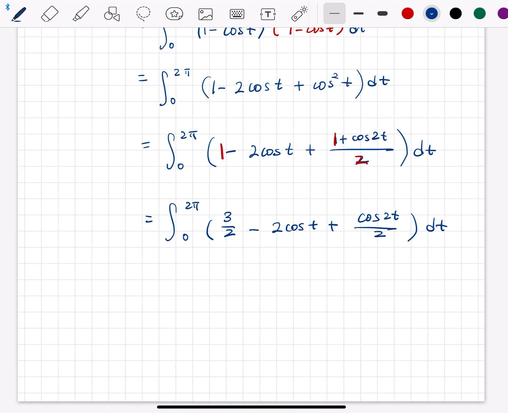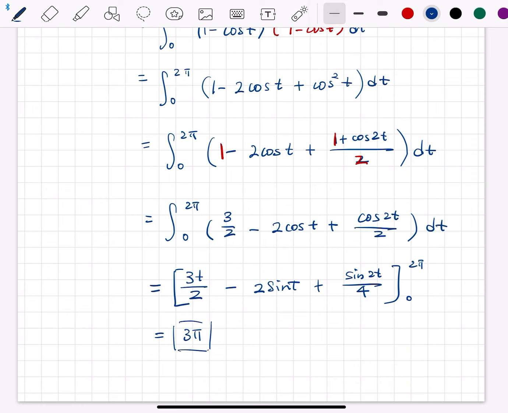Then the antiderivative is going to be 3t over 2 minus 2 sine of t plus sine of 2t over 4, and then we're going to evaluate it from 0 to 2 pi, which is going to be 6 pi over 2 minus 2 times sine of 2 pi, which is 0. Sine of 2 pi is 0. So we got 3 pi as the final answer.